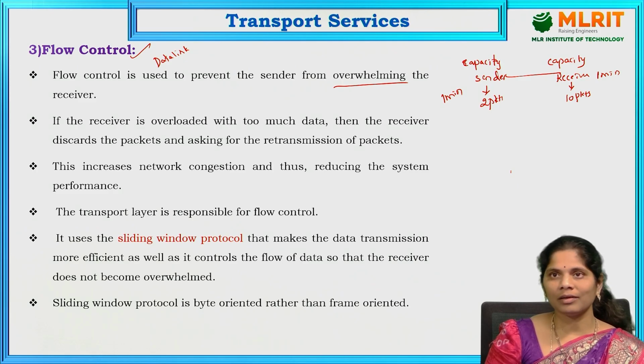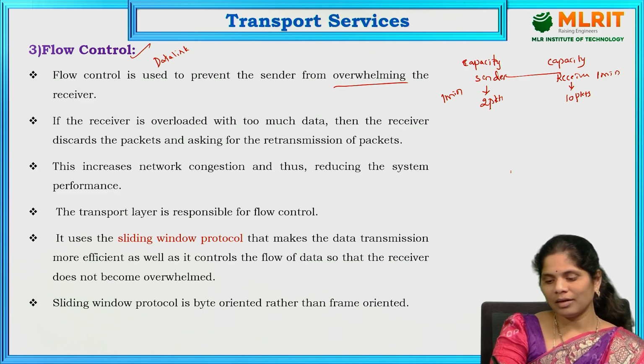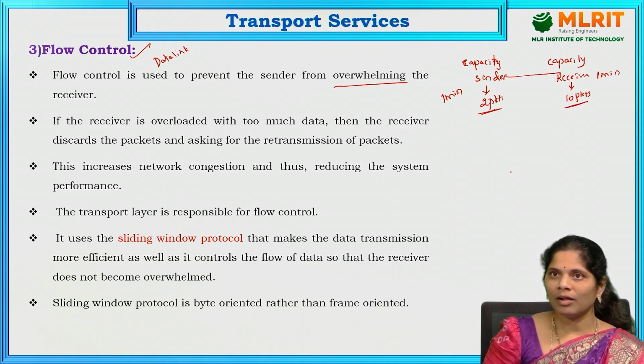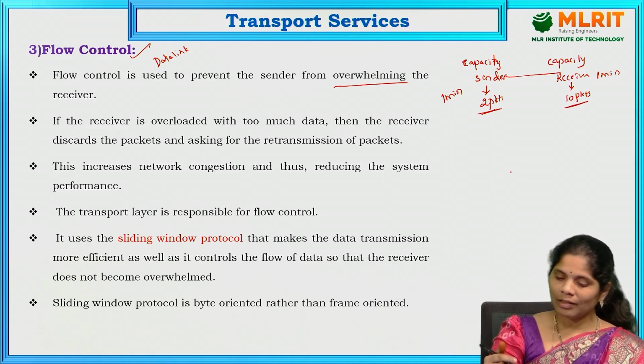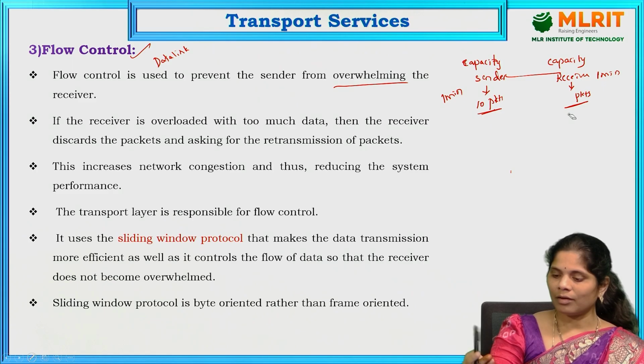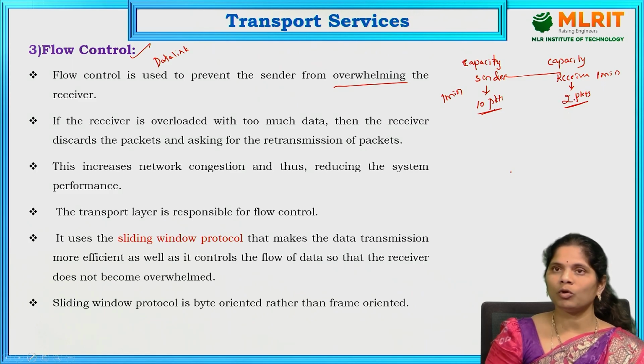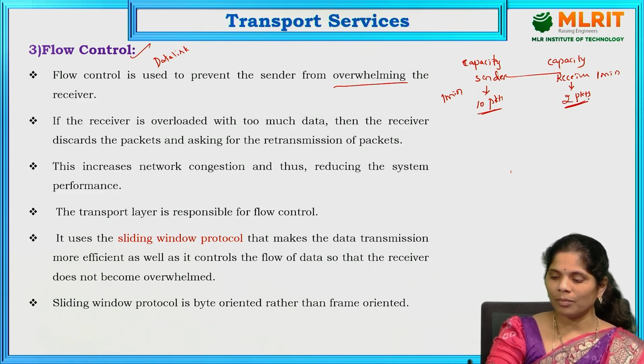Then also we can send the data easily, because the sender sends only 2 packets within 1 minute while the receiver can handle 10. Here also it will be okay. But when the sender capacity is more than the receiver capacity, the problem will occur. Suppose the receiver can receive only 2 packets; then the problem will occur.